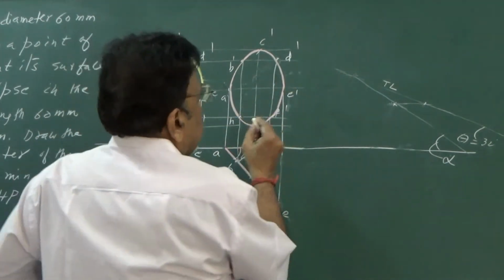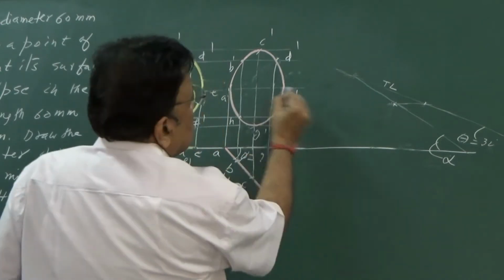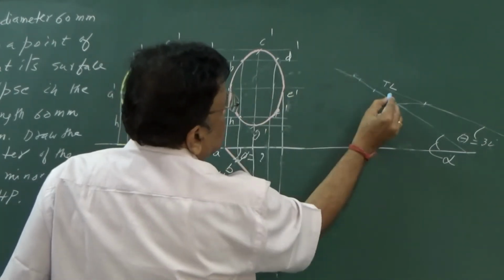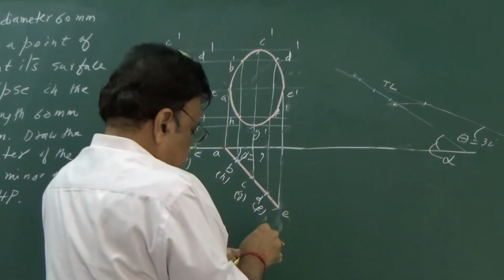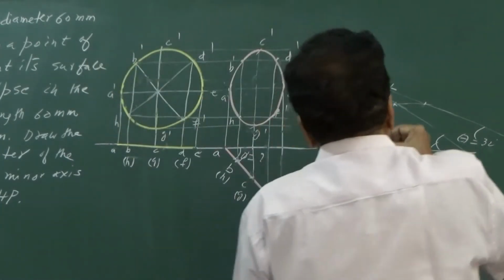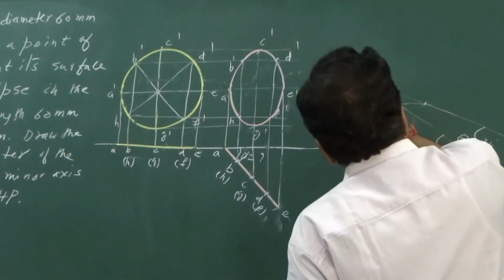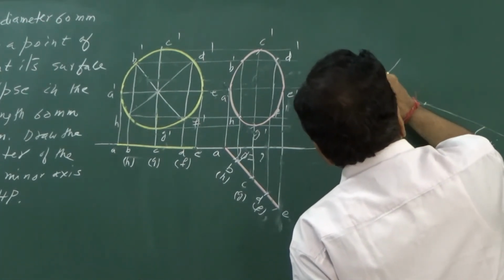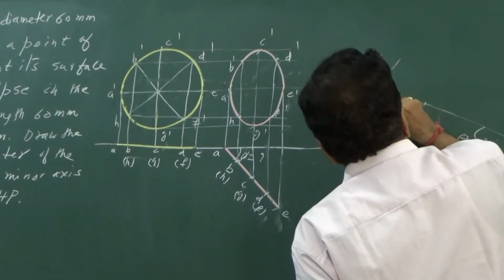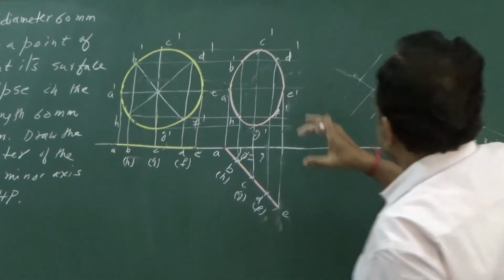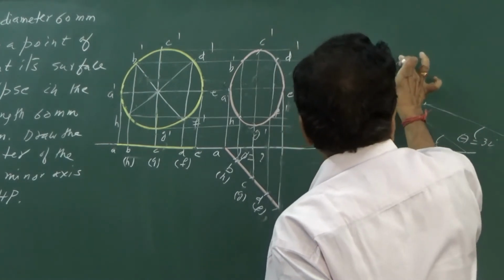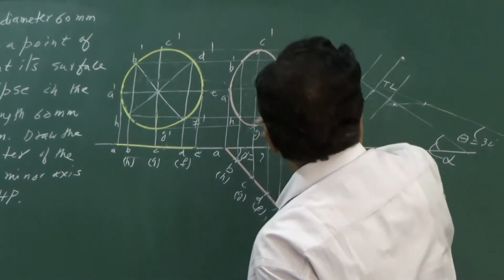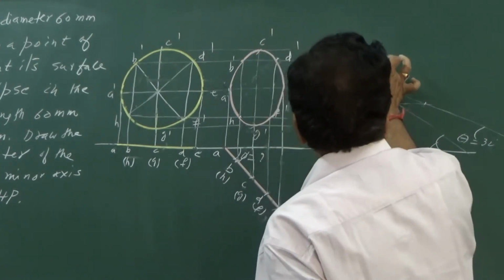Let us do this. I will find the center point. Then I will find this point and this point. Let me take this distance, then take these distances.